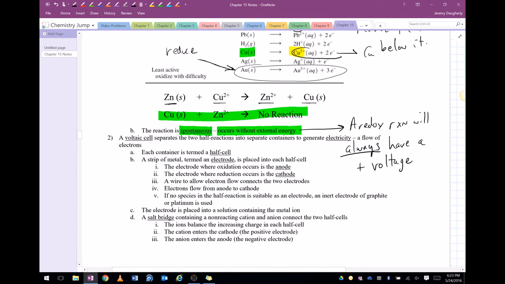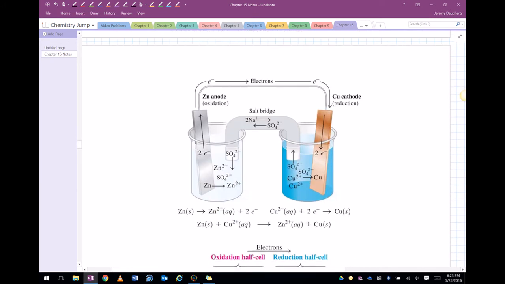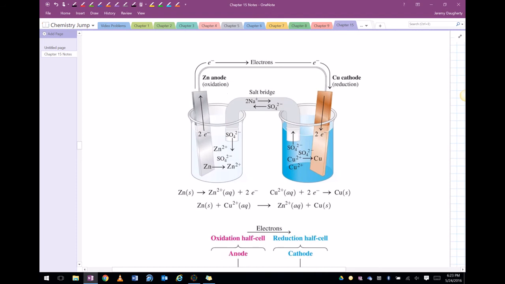Now, I draw voltaic cells for you in the video problems, so just read over these notes. I'm not going to read them to you. Read over those notes, and when I go through the video problem, I'll make sure that I mention these notes specifically. All right? So here's the idea of a voltaic cell. In this case, this is oxidation. The oxidation goes in the anode.